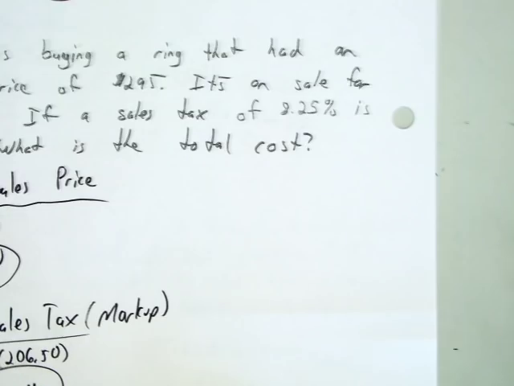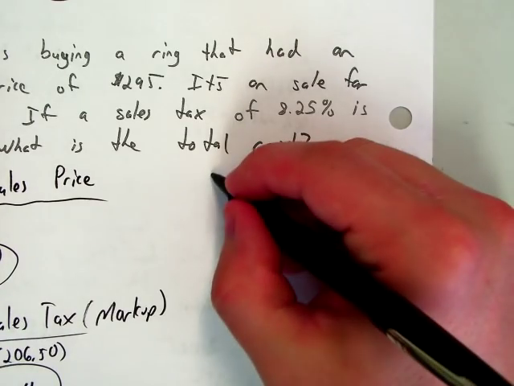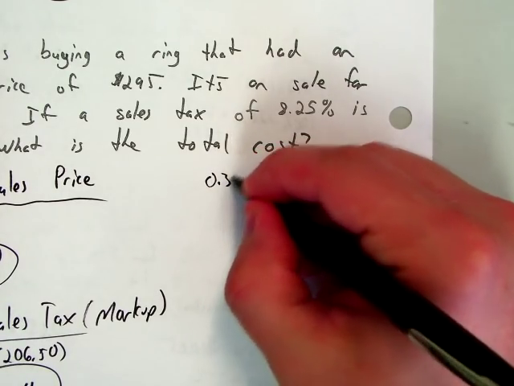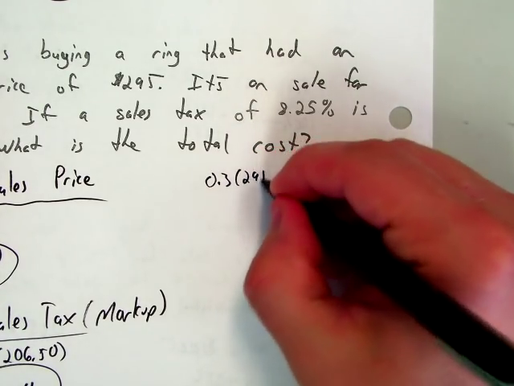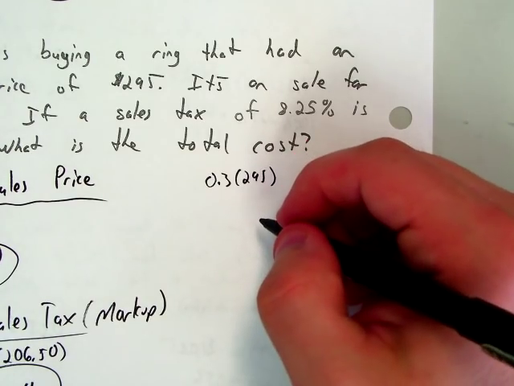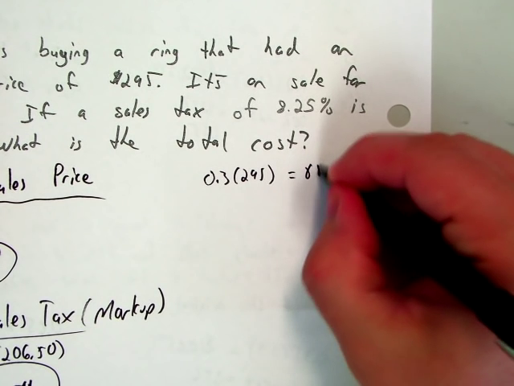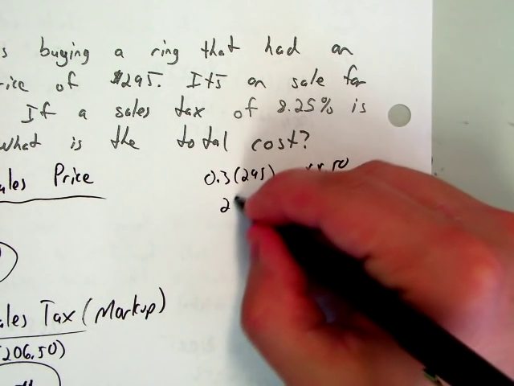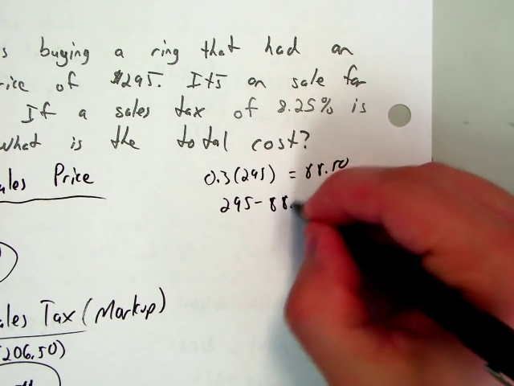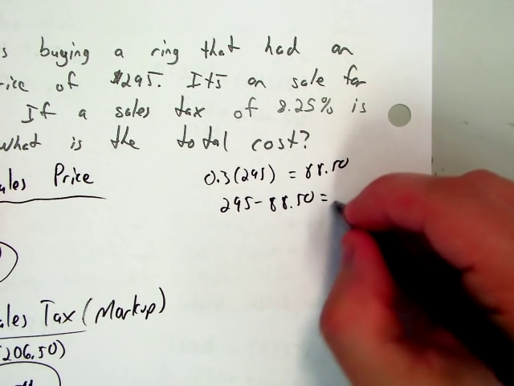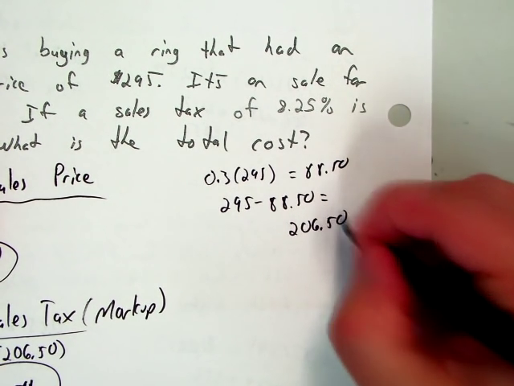Now, if you do it the other method, find 30% of $295, which would be $88.50. Take $295 and subtract that. It would still get you the $206.50.